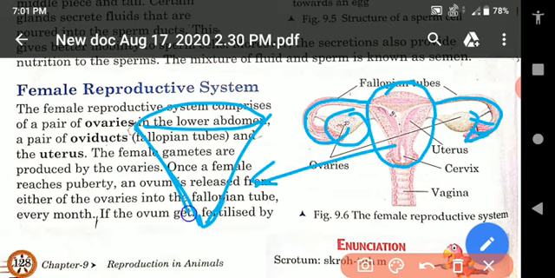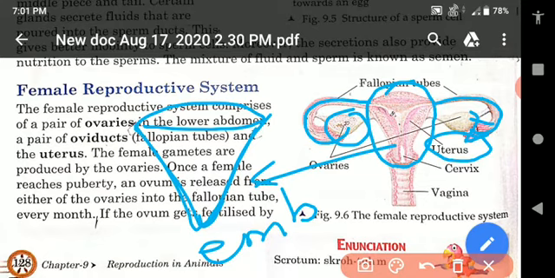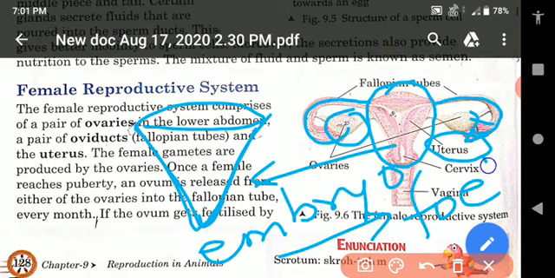This is a bag-like structure. It is called the uterus, and inside the uterus the embryo develops into a fetus. Fetus means baby. Understood?